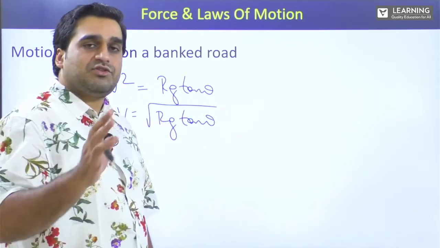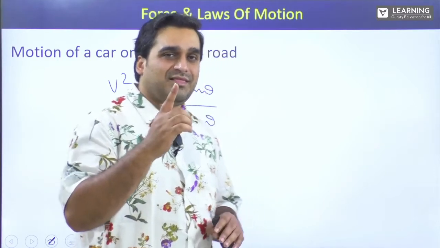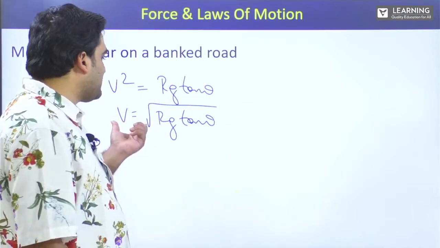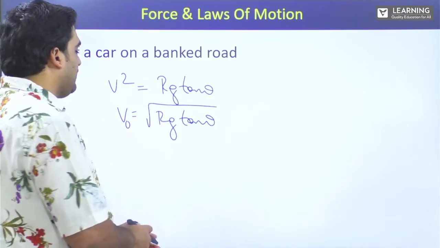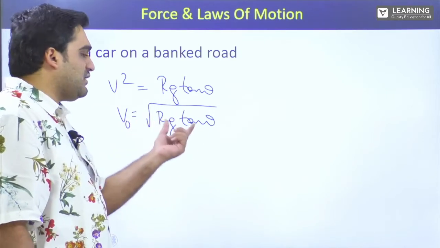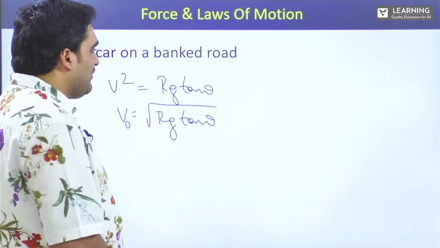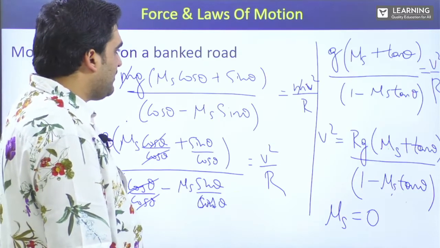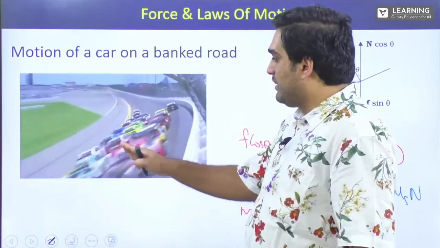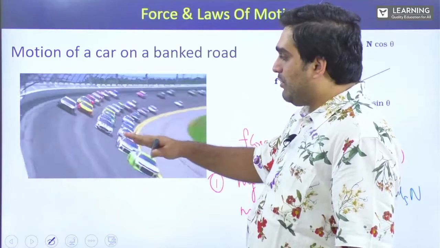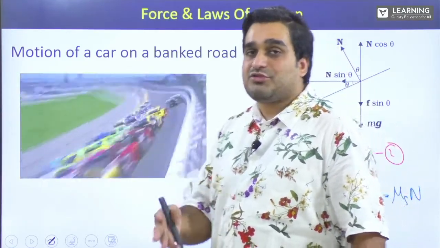So even when there is no friction acting between the surface and the tire, the car can still move at a maximum velocity given by, let's say, v naught, which is equal to root of rg tan theta. That is why in car races the roads are banked, because the cars can move at a maximum velocity even when there is no static friction.